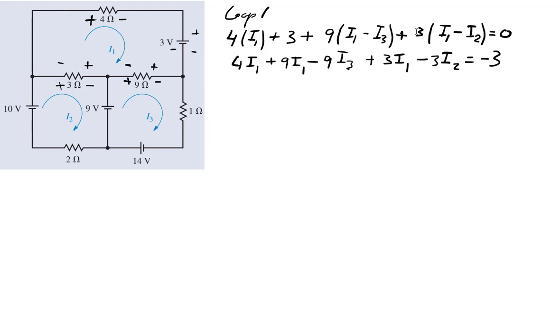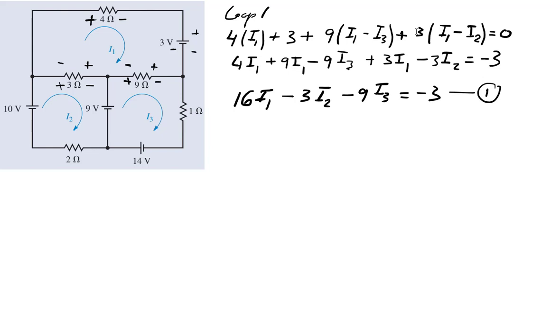Again, we add 4I1, 9I1, 3I1, that is 16 I1, minus 3I2 and minus 9I3, equal minus 3. And this is equation number 1.